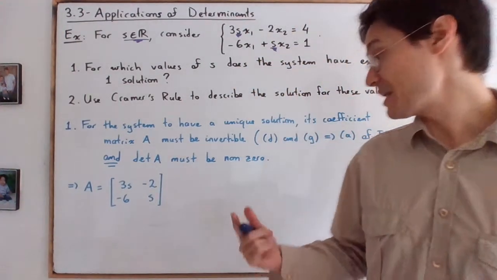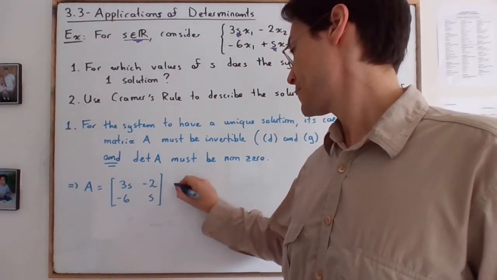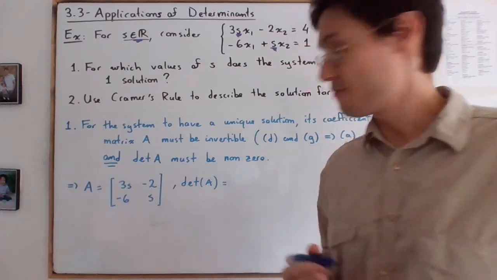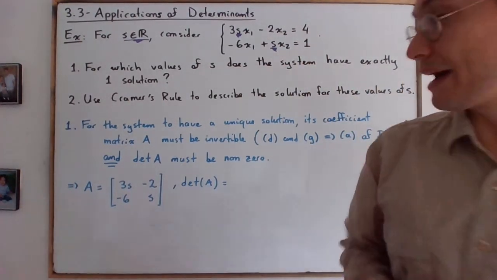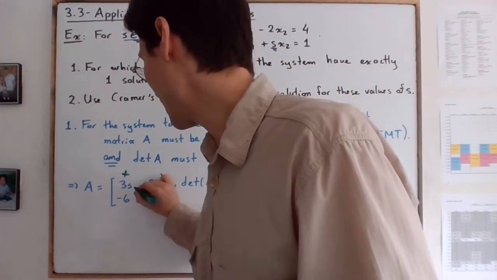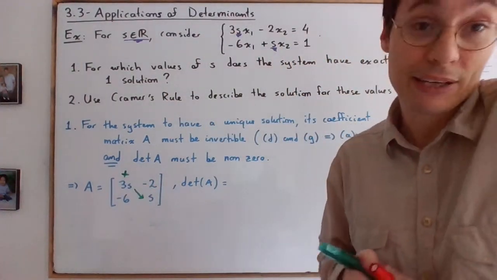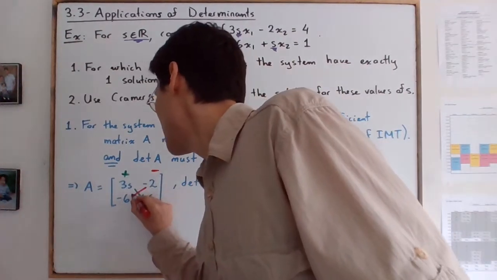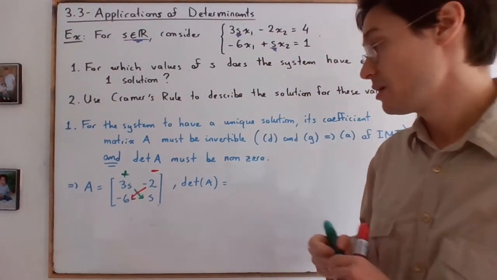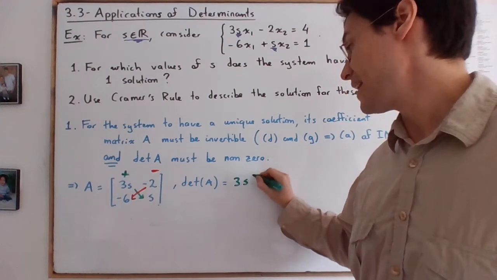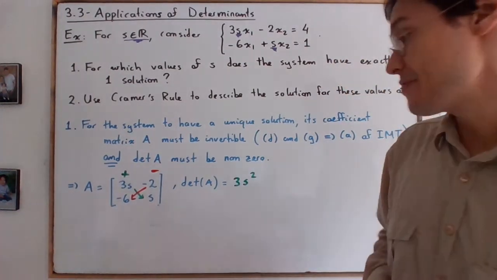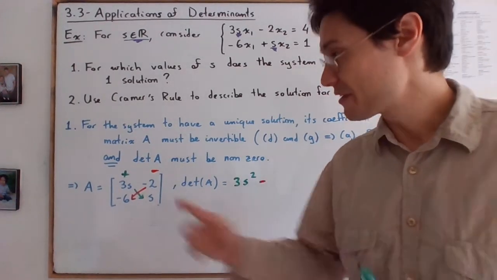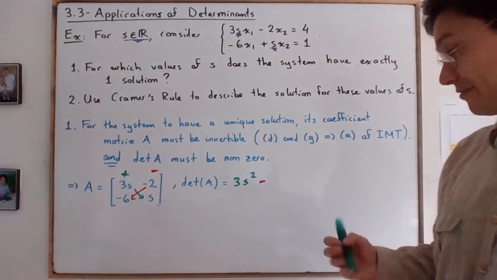Taking the determinant, it's a very simple determinant. The main diagonal is going to be 3s squared, and the off diagonal, be careful with the signs, it will end up being negative 12.